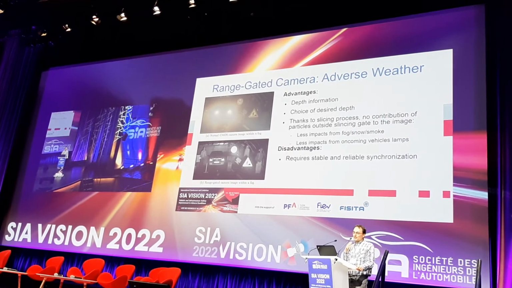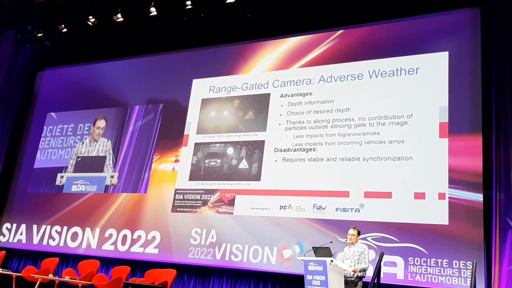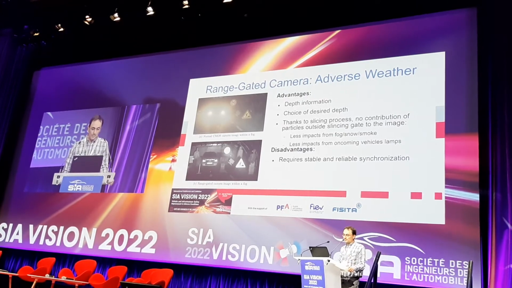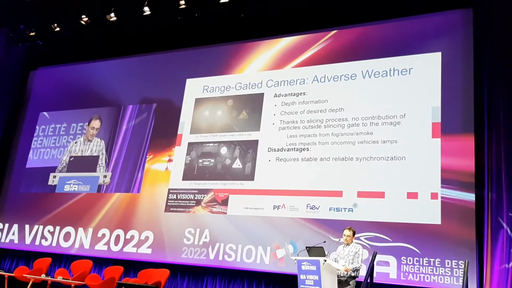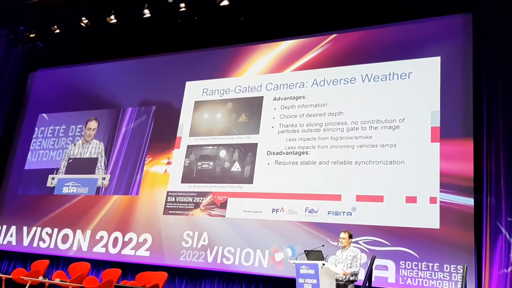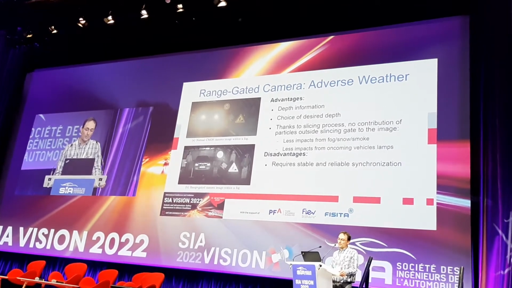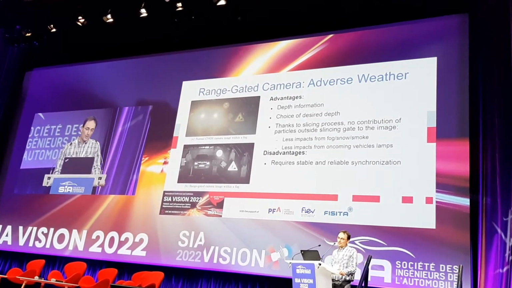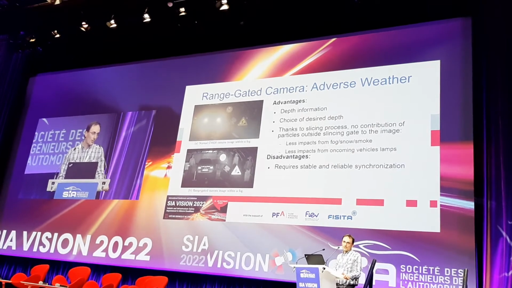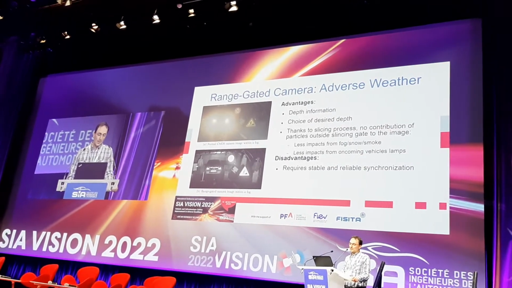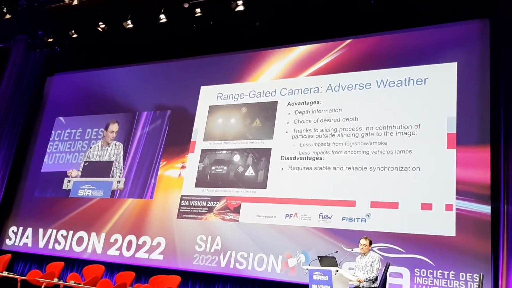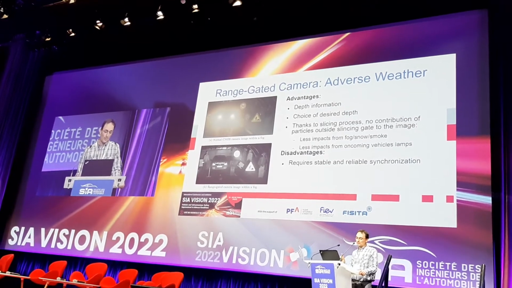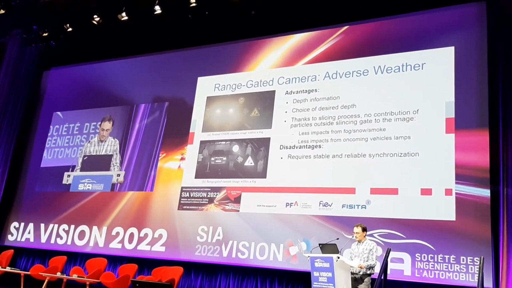The other big advantage is you have depth information, and you can choose at which depth you would like to see. So it is good for adverse conditions. However, the difficulty is to synchronize very accurately the illuminator and the camera to treat it when we want.